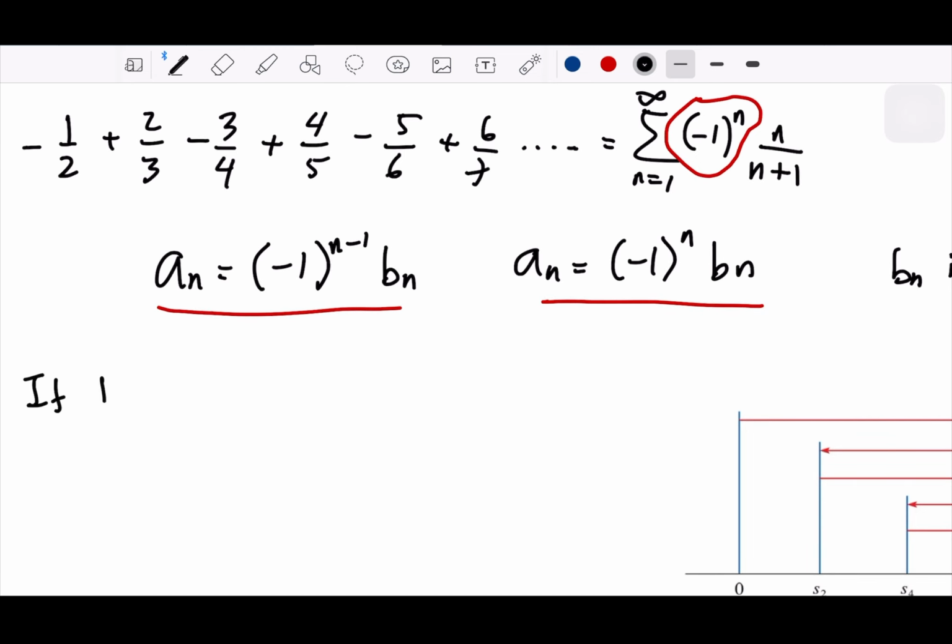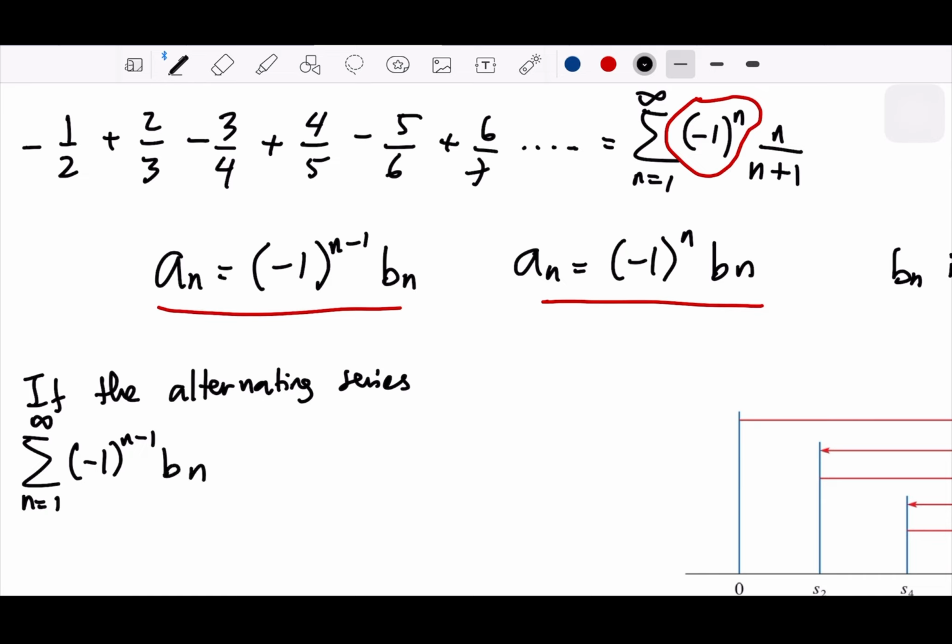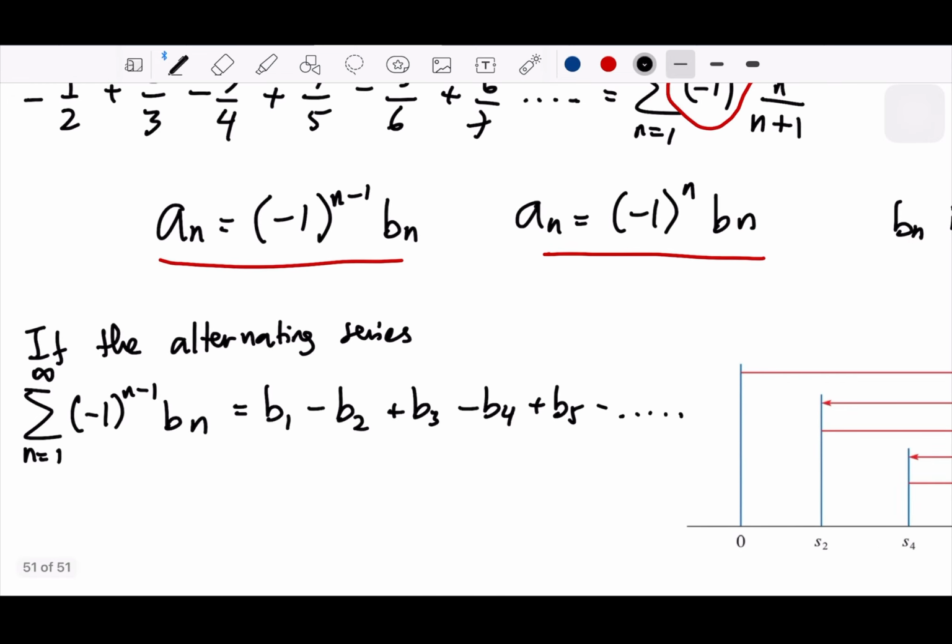If we have the alternating series, let's say -1 to the power of n minus 1 times Bn, this is B1 minus B2 plus B3 minus B4 plus B5 minus and so on.